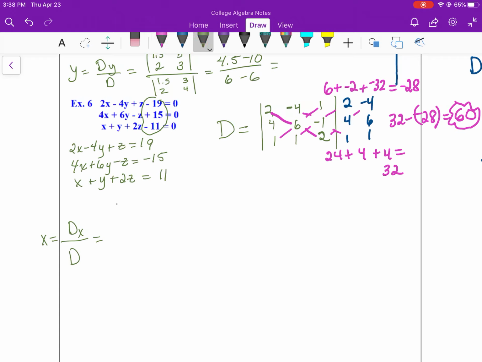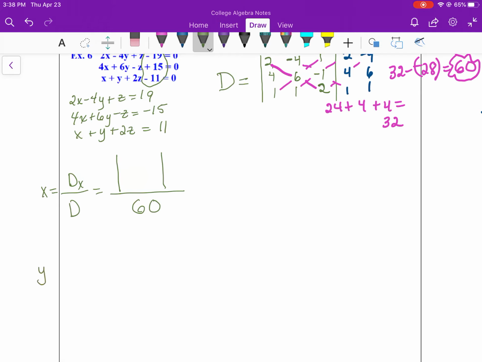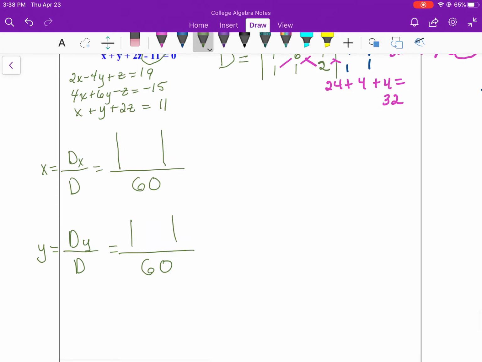Now I'm going to set up dx. And I know it's going to be divided by 60. When I set up dy, I'll have it over d, and I know it's going to be over 60. And then I need to set up dz, and I know it's also over 60.